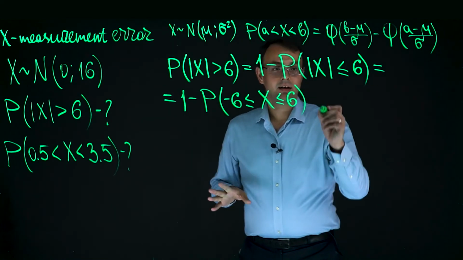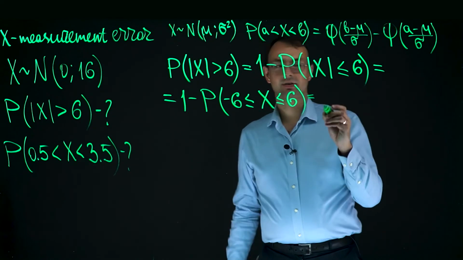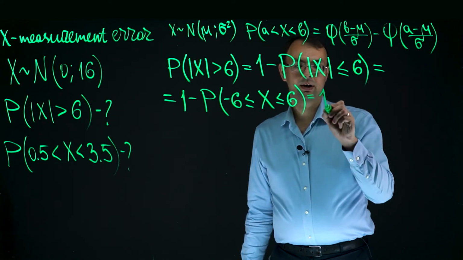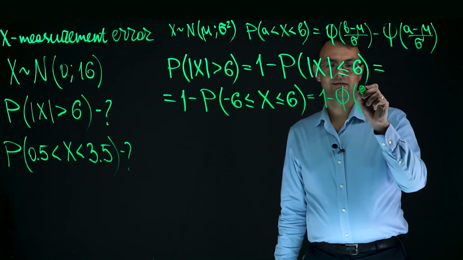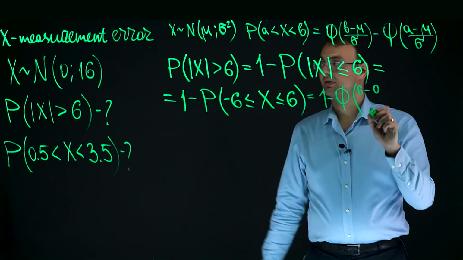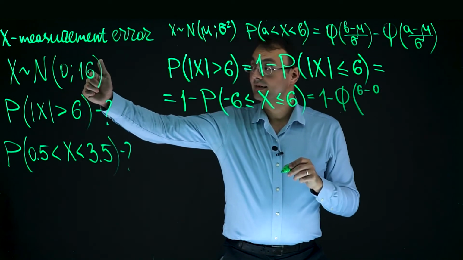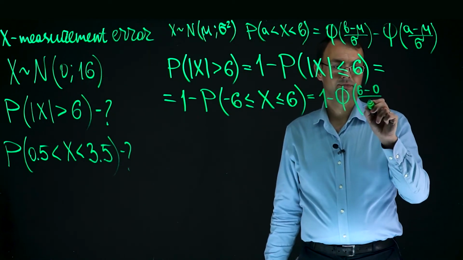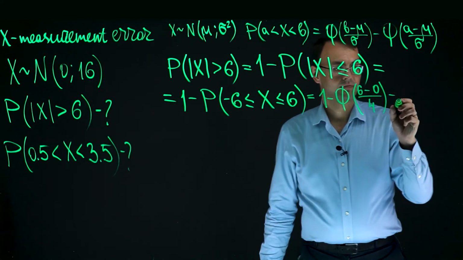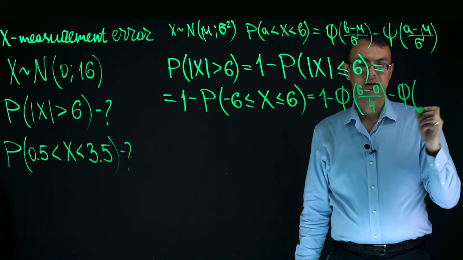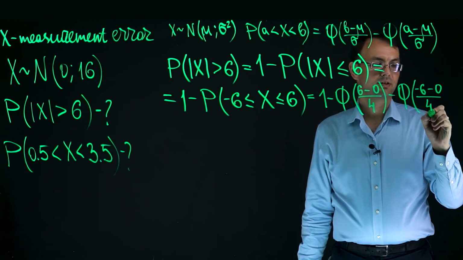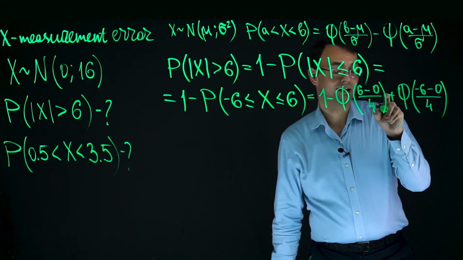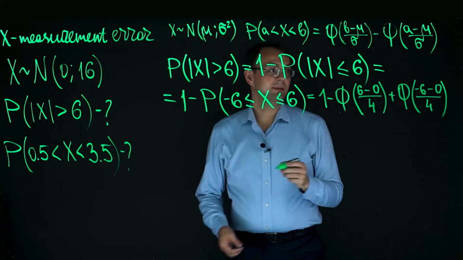So, according to this formula, this is 1 minus phi of B is 6, mu is 0, and sigma is 4, minus phi of (minus 6 minus 0) divided by 4. Not minus, plus. So 2 minuses give us plus.